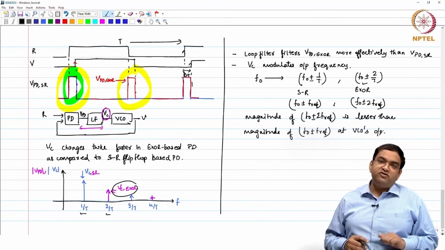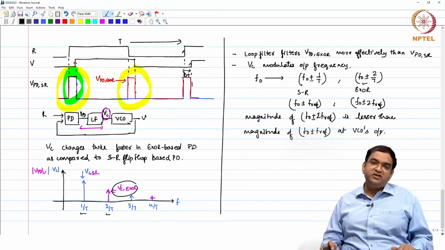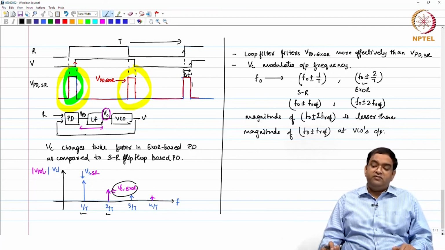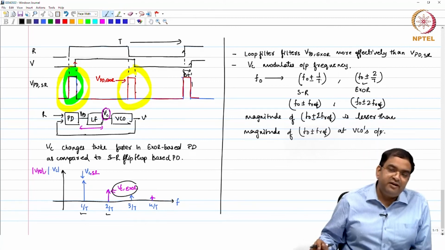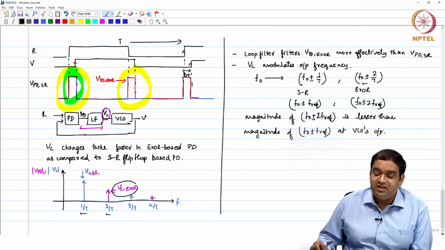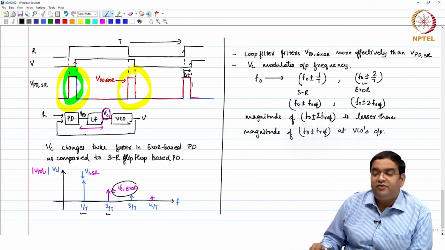You can use the same VCO in both cases, but in one case you will see that the magnitude of the unwanted component, which is f out plus minus 2 f_ref or f out plus minus f_ref, in case of XOR is lesser than in the case of SR.